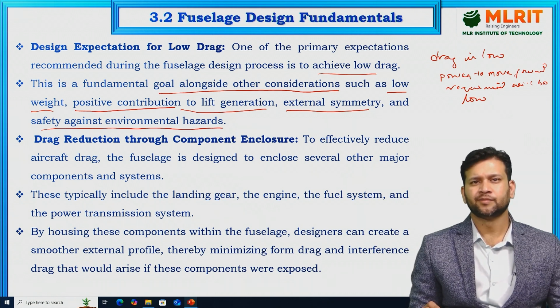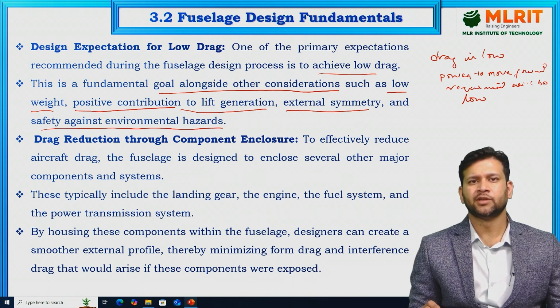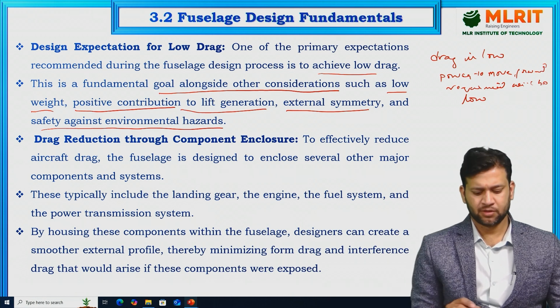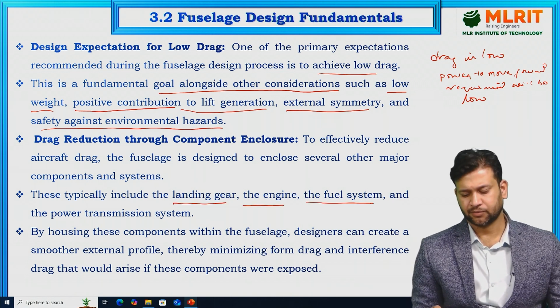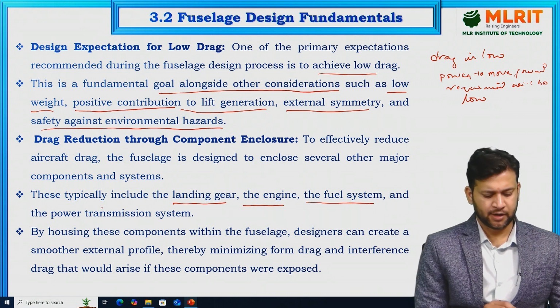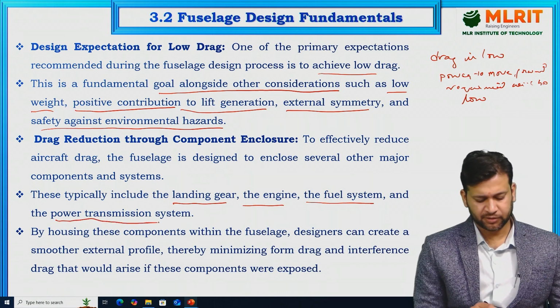Drag reduction through component enclosure. To effectively reduce aircraft drag, the fuselage is designed to enclose several other major components and systems. These typically include the landing gear, the engine, the fuel system, and the power transmission system.